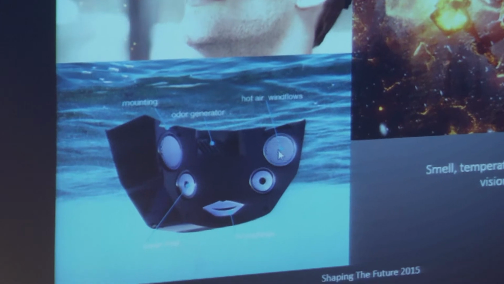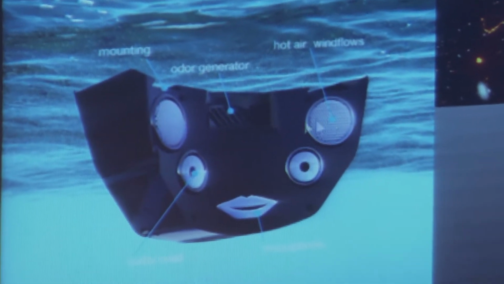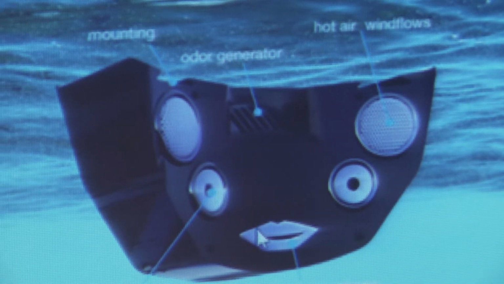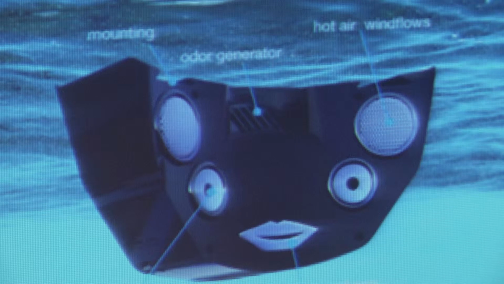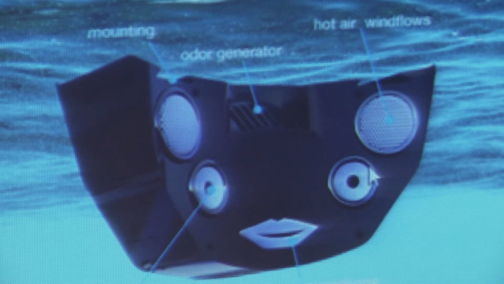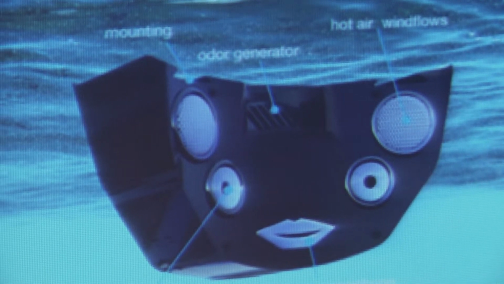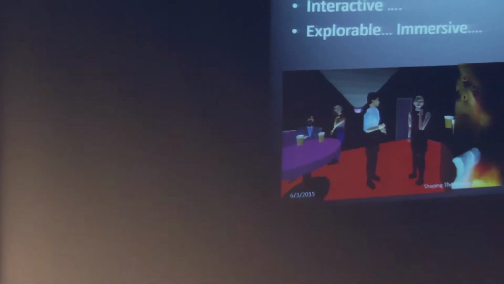At this point, you have hot air, so you feel like a wind. And this side, you feel steam, and this is the loudspeaker, and so on. So suppose that this is what you see, and then you can feel the hot wind, and you can smell the burn, and so on. So this is what virtual reality offers, hopefully soon.